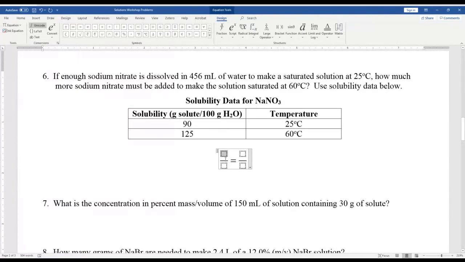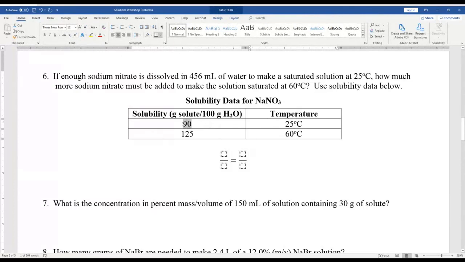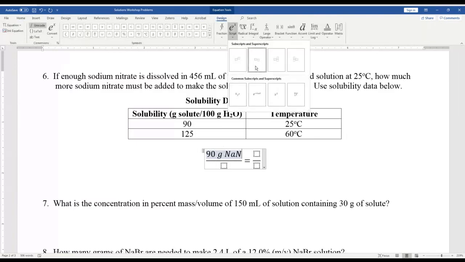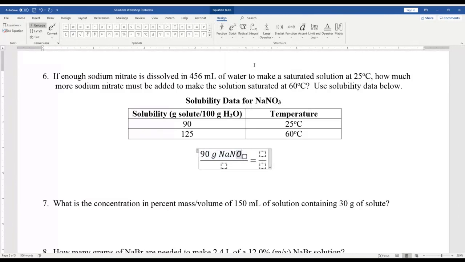So I'll start with my solubility at 25 degrees Celsius. 90 grams of solute can dissolve in 100 grams of water. So I'm going to put 90 grams of NaNO3, which is my solute, in 100 grams of water.